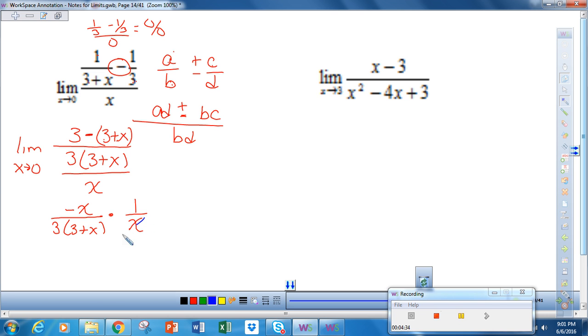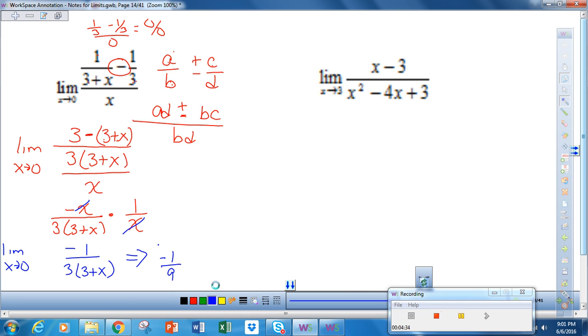So we see that the x's cancel, and I have negative 1 over 3 times 3 plus x. And I am taking the limit as x approaches 0, we make that 0, and that just becomes negative 1/9.